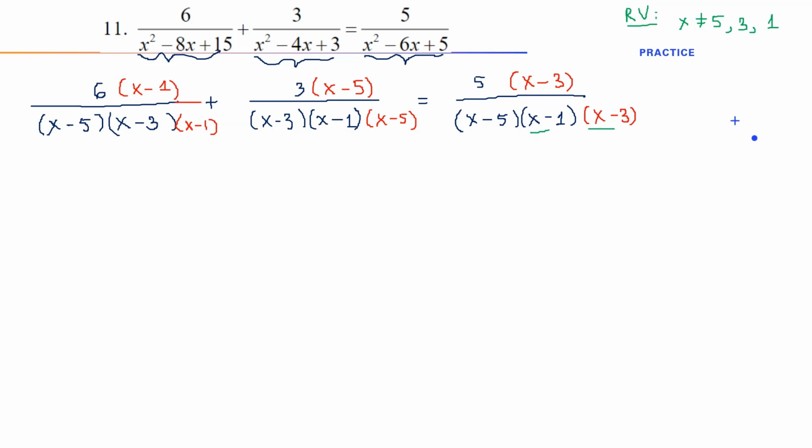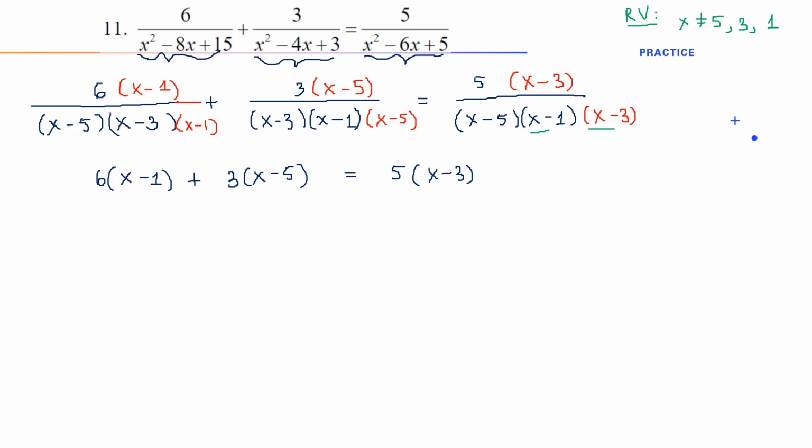Now we will copy it one more time. We have 6 times (x minus 1) plus 3 times (x minus 5) equal 5 times (x minus 3) in the numerator.